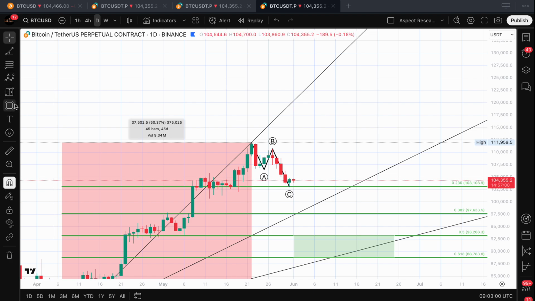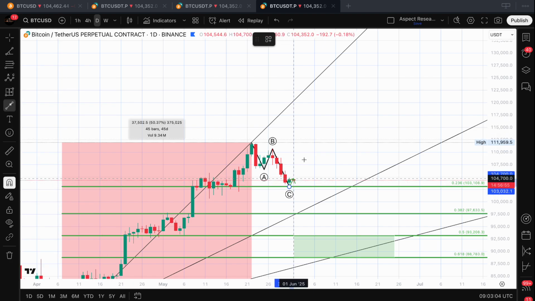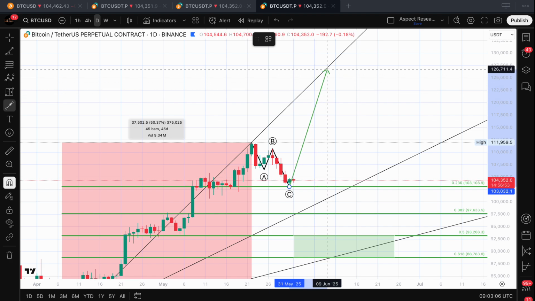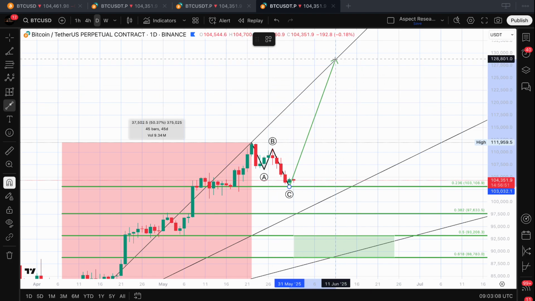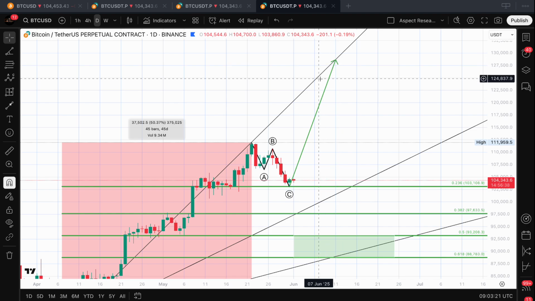Okay, I don't think it's likely, but I can't rule it out. Then what I will do is watch the 45-degree angle, because the next time Bitcoin is going to meet with the 45-degree angle, it is probably going to be a substantial top. And this is where you get interested in taking profit or entering a short trade.